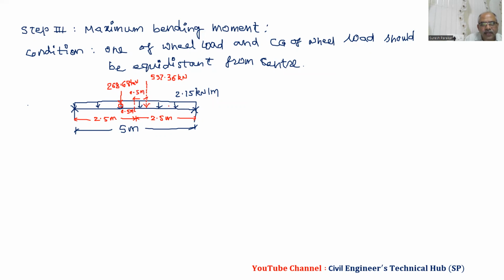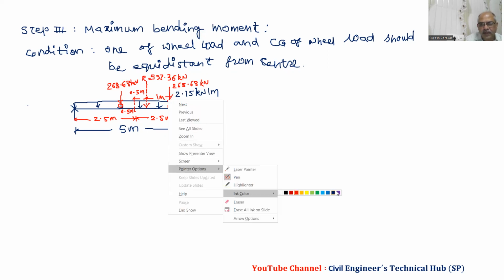And then at 1 meter, we have another wheel load, which is 268.68. This 537.36 is the resultant of the two. That is explained over there. And then this distance is again 1 meter. And then we have to find the maximum bending moment for this.